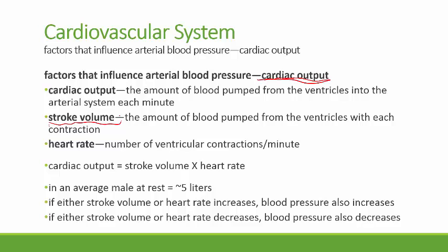So usually those 2 things aren't isolated in the system. So in an average male at rest, the cardiac output is something on the order of about 5 liters every minute. So if you increase stroke volume or heart rate, then you're going to increase the amount of blood being pushed out, which will also increase blood pressure.